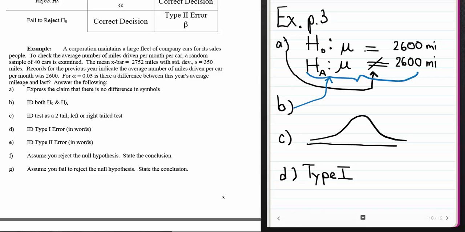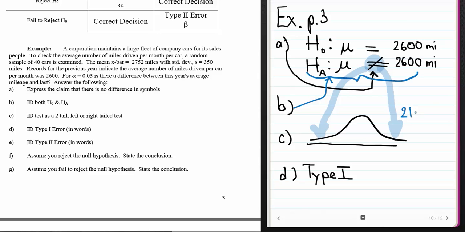So with that said, now we're going to ID this as a left tail, right tail, or two-tail test. The way that we ID being left tail or right tail is based upon the inequality in the alternative hypothesis, our claim. This says not equal, so not equal could be above or below, and that's going to make this a two-tail test.